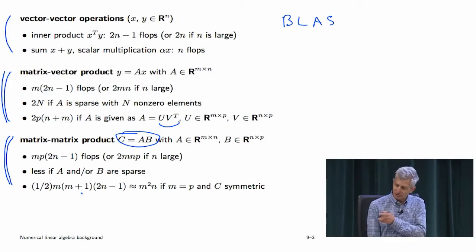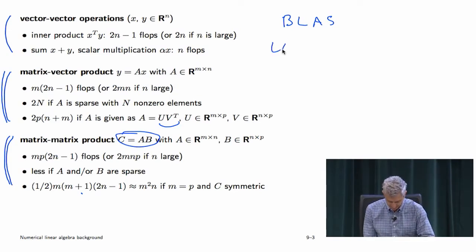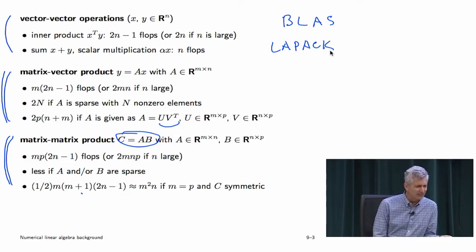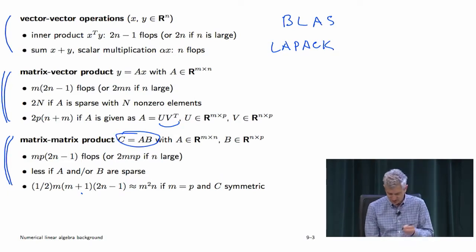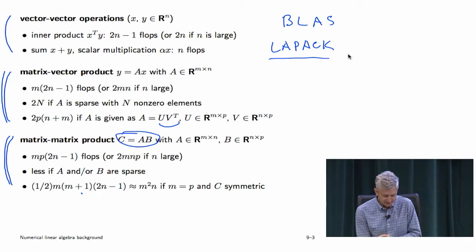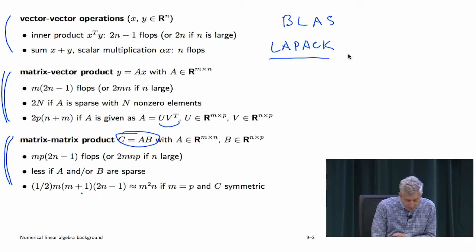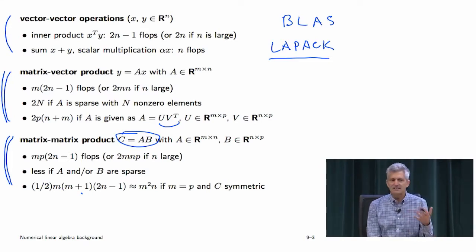If you were to use LAPACK, again, this is just for cultural background. You do not need to know this, although it's not bad to know it. LAPACK is an open source package of linear algebra routines, and multiplying two matrices, if you don't think about it, it doesn't seem like there'd be any subtlety there.